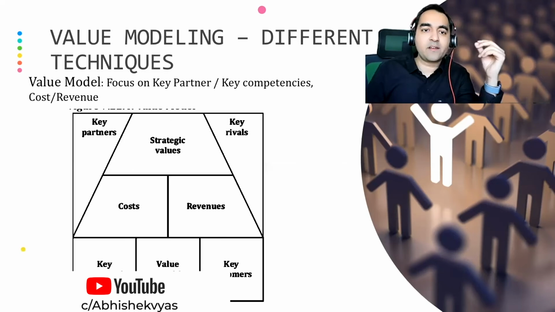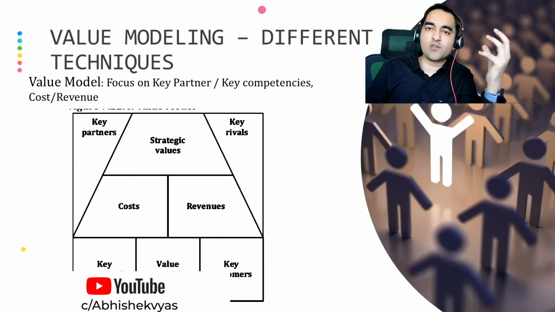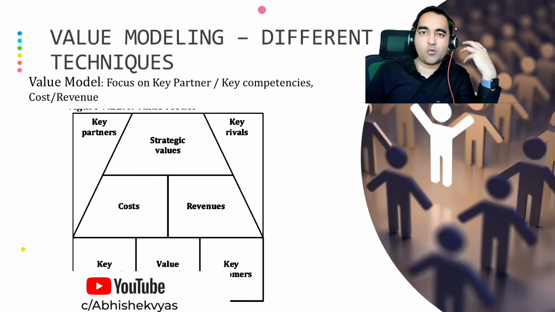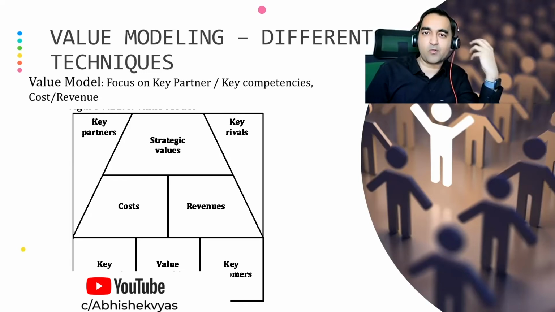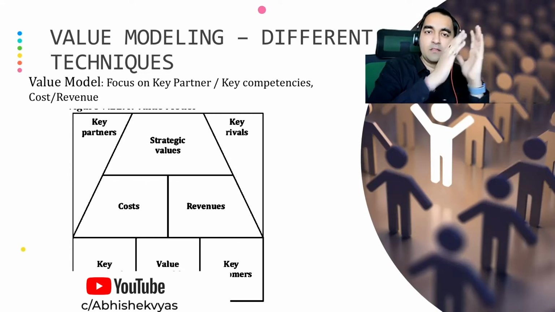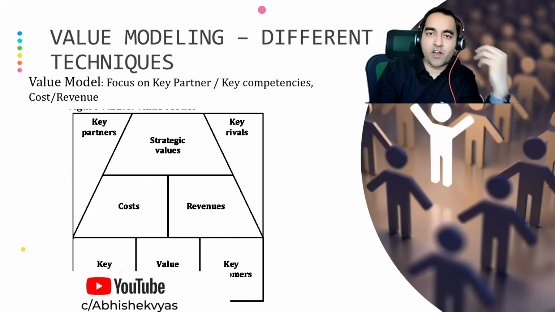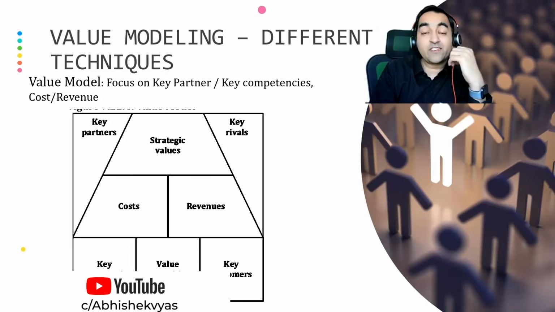And the last technique in this category is value model, which is nothing but aligning or creating various distinctions between key partner strategic value, key rival cost, revenues, etc. This technique is primarily used at strategy horizon or at initiative horizon because it deals with abstractness.